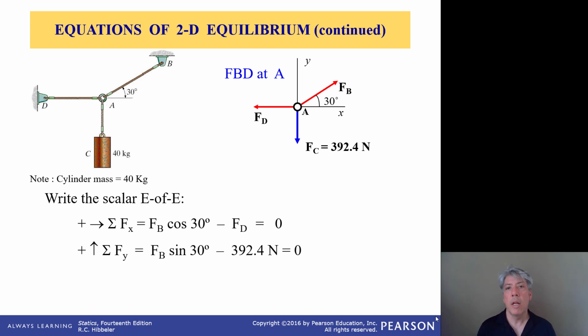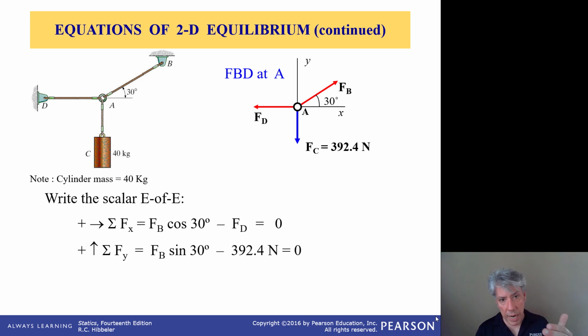What else has a horizontal component? Well, not FC. FC acts vertically, and so it does not appear in the sum of forces in the horizontal direction. FD, on the other hand, acts in the negative x direction, and so you see minus FD, but that's it. Only FB and FD have x components, so to speak. And so that sum must come to zero.